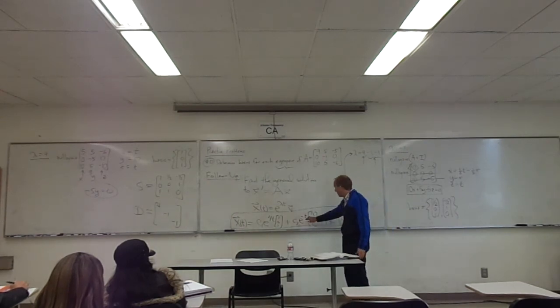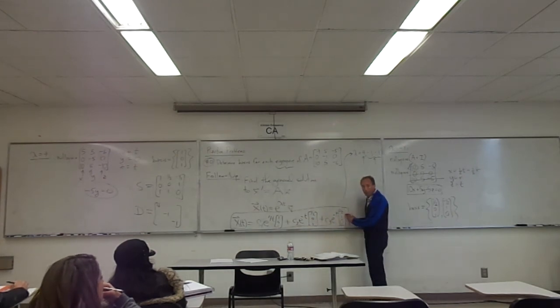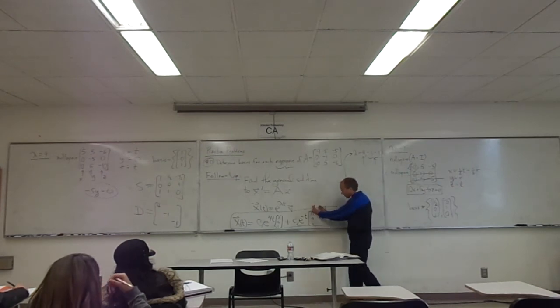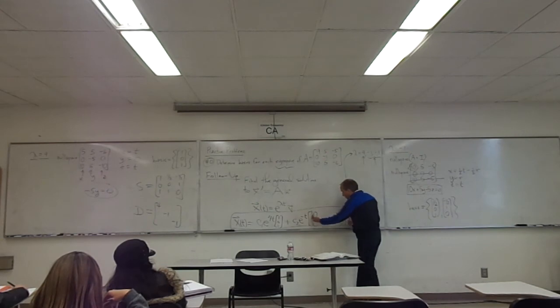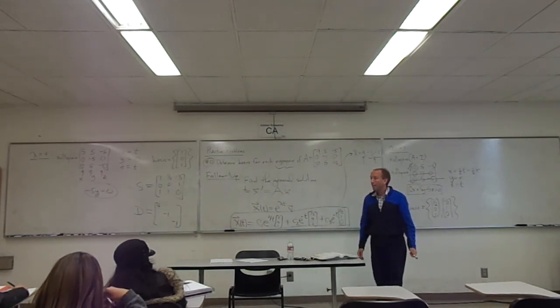So if I have e to the negative t here, I don't have t e to the negative t here. The reason is just, as I said, I'll say it one more time, this vector is clearly not a multiple of this vector. So these two vectors are linearly independent from one another already. I don't have to worry about it.